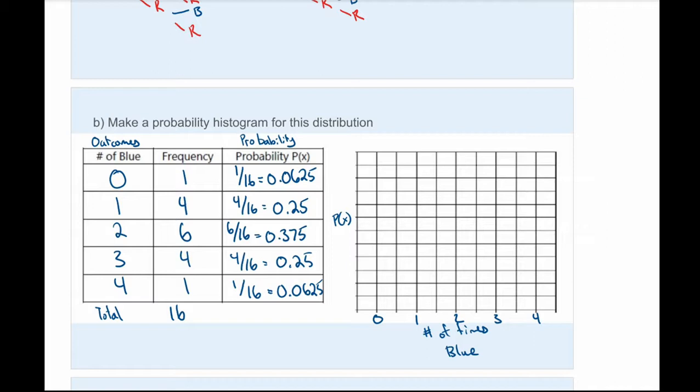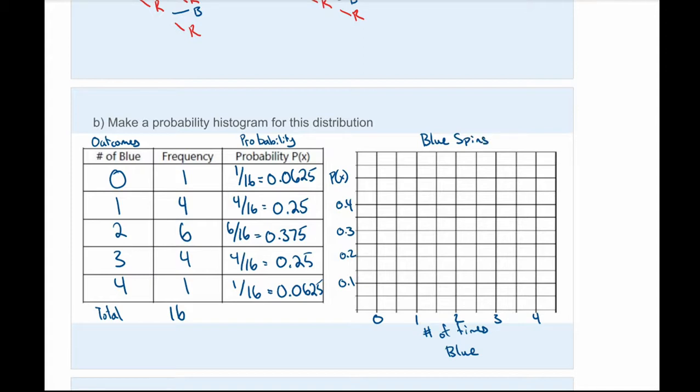And so we'll go up roughly by every 2 is 0.1, 0.2, 0.3, 0.4. And we'll just title this blue spinner or blue spins.